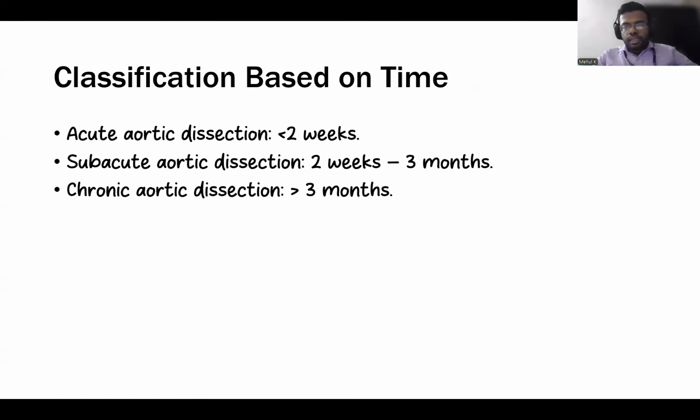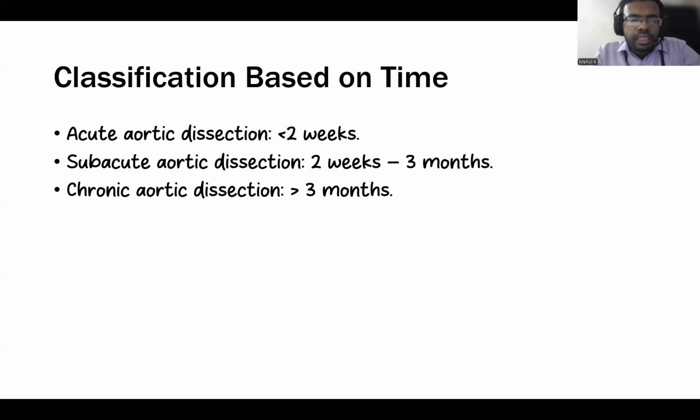There's another thing that we generally don't learn that much, which is a classification of aortic dissection based on time. We all learn about acute aortic dissection, that is presenting in less than 2 weeks. Different classifications define the subacute and chronic differently. Some classifications say it is 2 weeks to 3 months. Some say it's 2 weeks to 6 weeks.